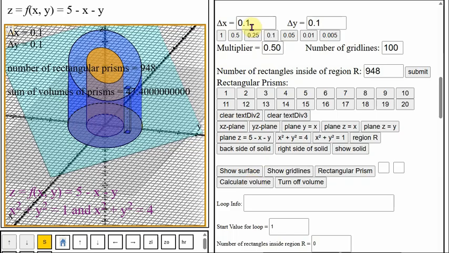So if the length and the width of each rectangle is 0.1, then there'll be about 948 rectangles inside of region R, and the sum of the volumes is 47.4. Now I'm going to make it even smaller, so 0.05 for the length and the width of each rectangle.